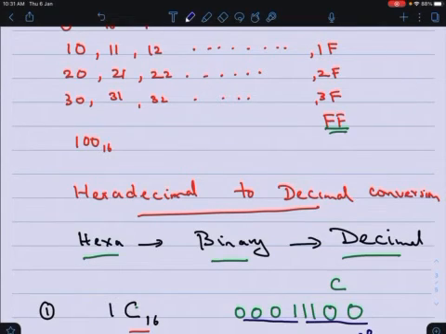This is 2 raised to 0, 2 raised to 1, 2 raised to 2, 2 raised to 3, 2 raised to 4. That's enough, no? So 2 raised to 0 is 1, plus 2 raised to 1 is 2, 2 raised to 2 is 4, then you have 8, and again you have 16. So 16 plus 8. One sec, C is 12, no, C is 13, sorry. Just forgot to put this.